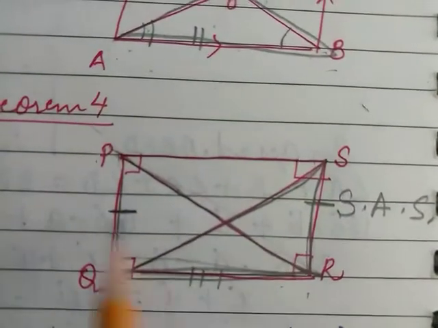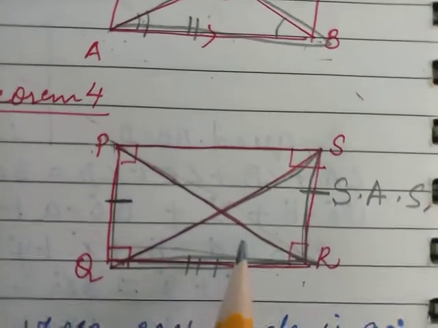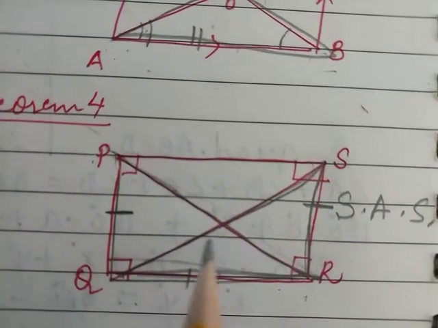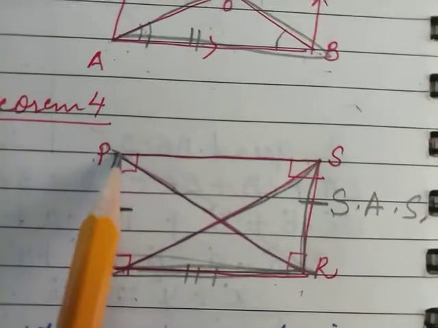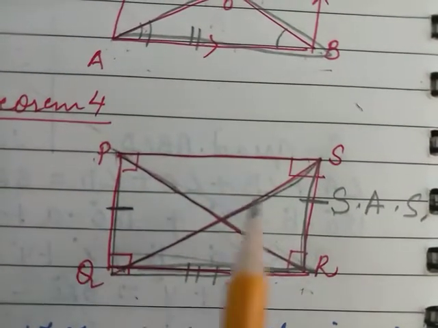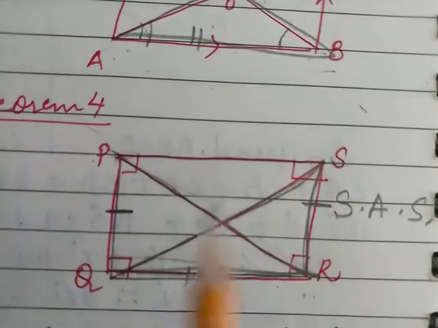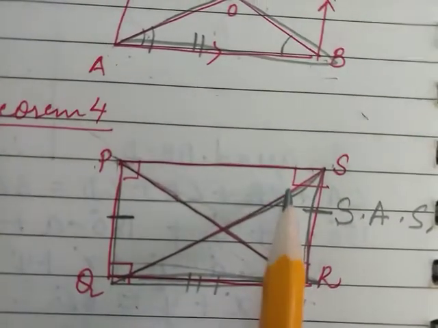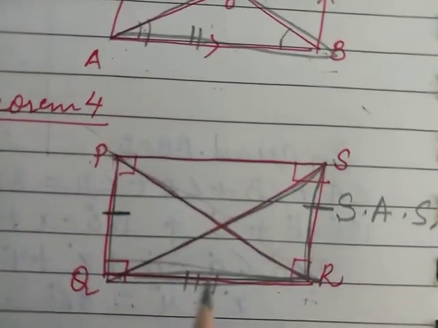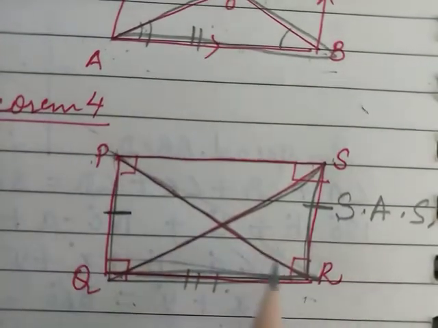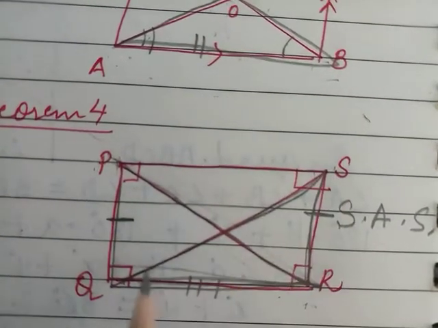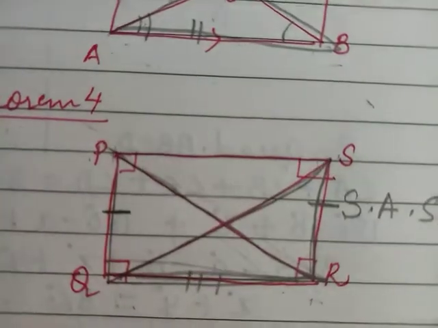The moment these two triangles are congruent, the remaining elements will also become equal. So, PR will become equal to QS, and PR and QS are the two diagonals of a rectangle. Therefore, we learned that the diagonals of a rectangle are also equal.